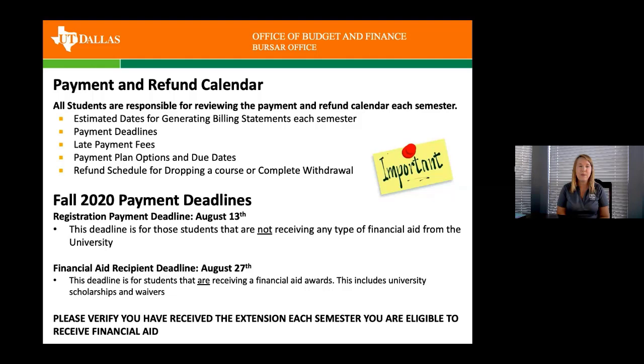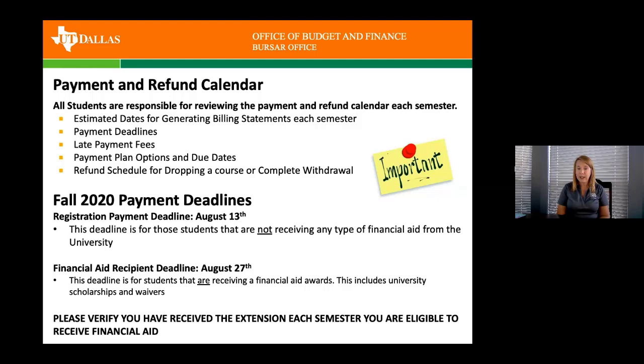And then you'll also see information about a refund for dropping a class or completely withdrawing from the university. I know we don't want to think about having to drop classes or withdrawing, but we know that does happen. So it's good to know where to find that information. Again, we're going to go into more detail about some of this in a minute.